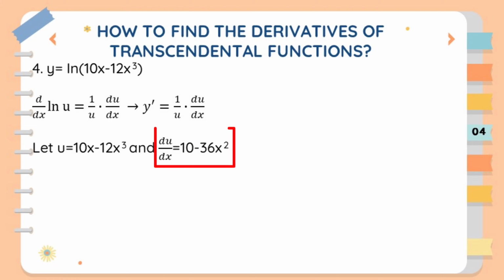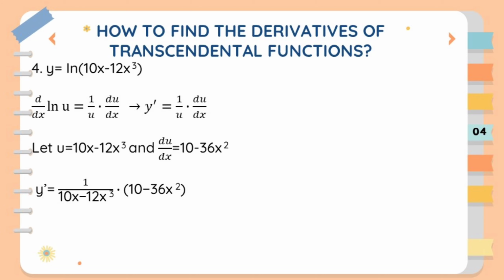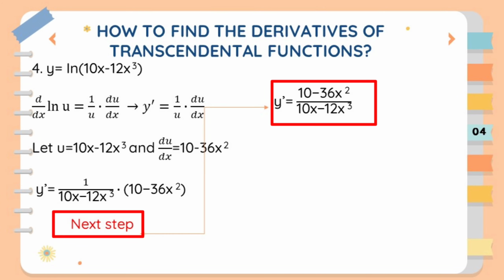Let's now plug it into the derivative formula. Then we get y prime is equal to 1 over 10x minus 12x cubed multiplied by quantity 10 minus 36x squared. We will multiply 1 by du over dx, which is quantity of 10 minus 36x squared. And we get y prime is equal to 10 minus 36x squared all over 10x minus 12x cubed.